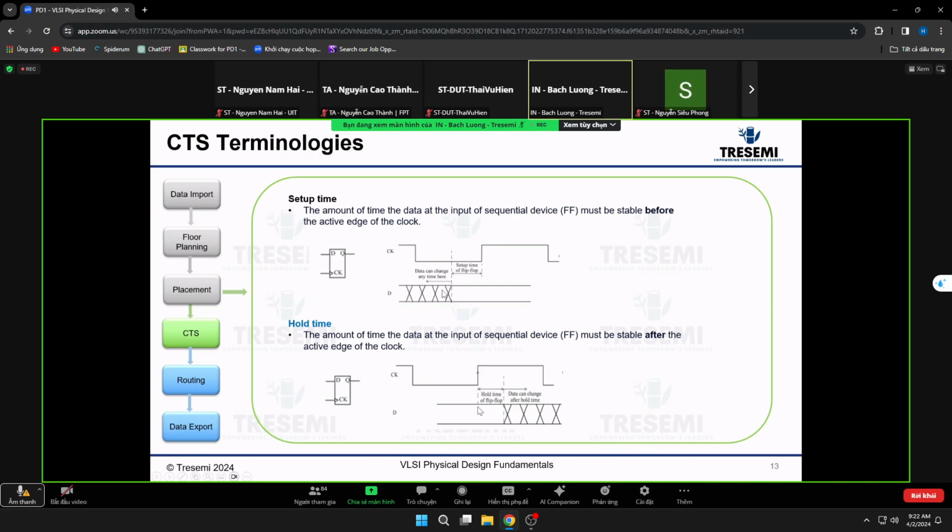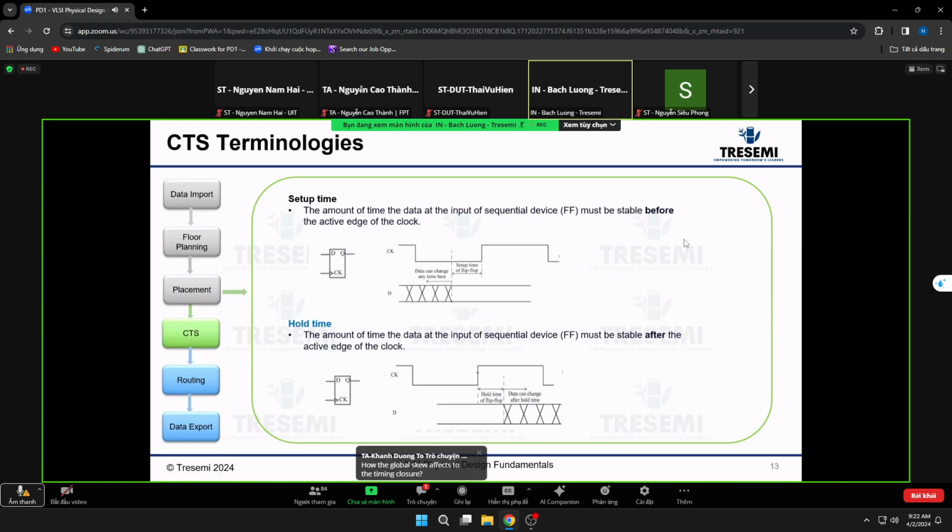Each flop has a setup and a hold time requirement. It has to hold for the length specified by the flop to ensure that the data will be latched correctly on the next flop cycle, so make sure that it actually outputs the right data. That is the hold time.